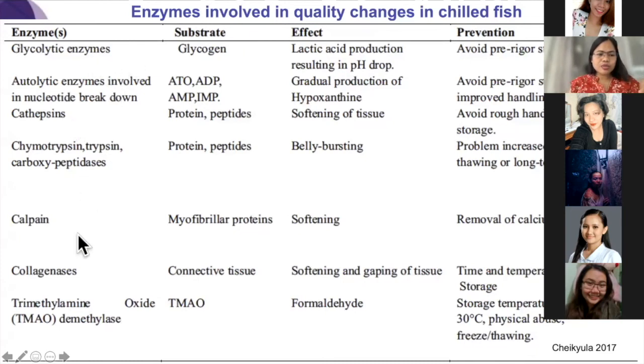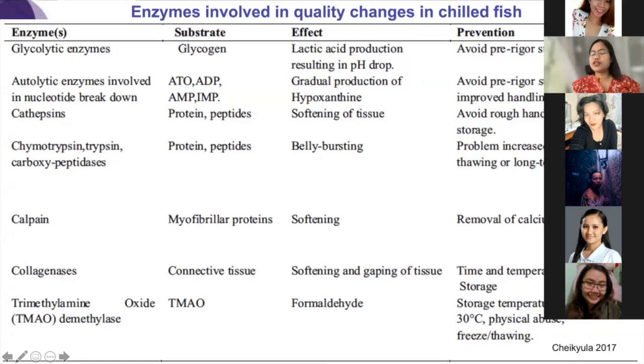Ito yung enzymes, no? So take note na sa TMAO natin, na TMAO demethylase, yung effect niya is formaldehyde. And yung prevention strategy is the storage of fish below -30. So hindi pa enough yung storage at negative 20.